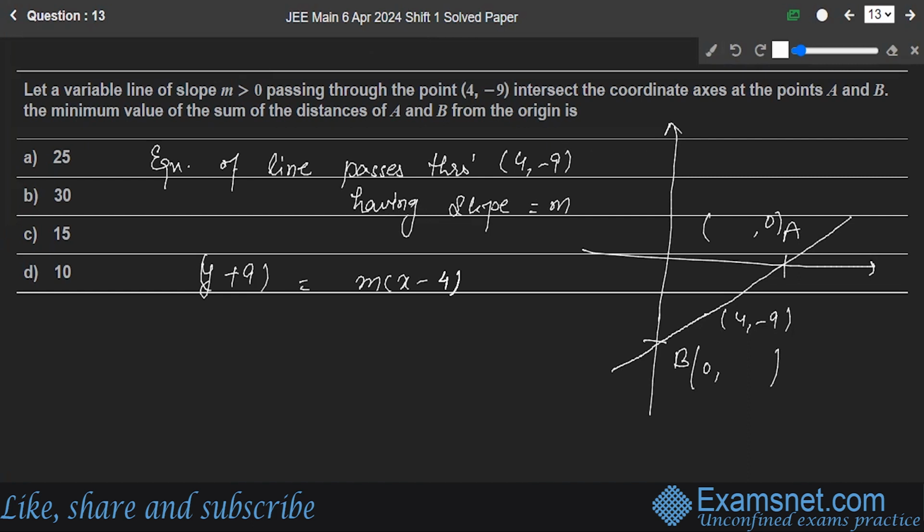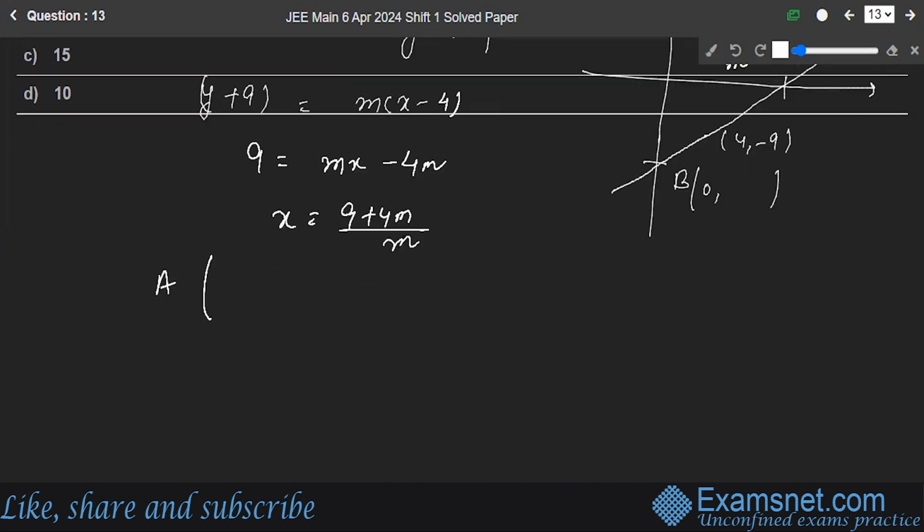And when I put y equal to 0, this will give me 9 equal to mx minus 4m, or x will be equal to 9 plus 4m upon m. This is the coordinate for A. So point A becomes 9 plus 4m upon m, comma 0.